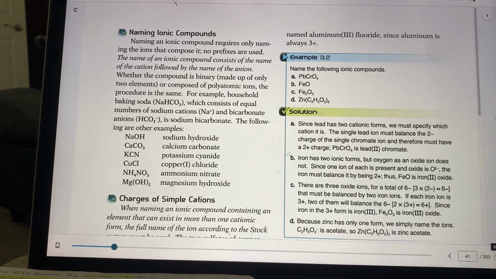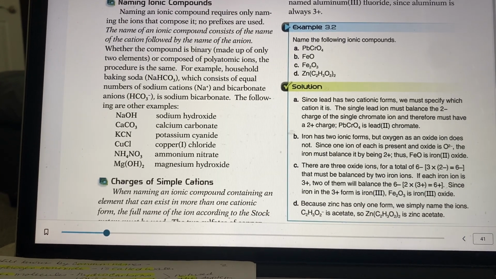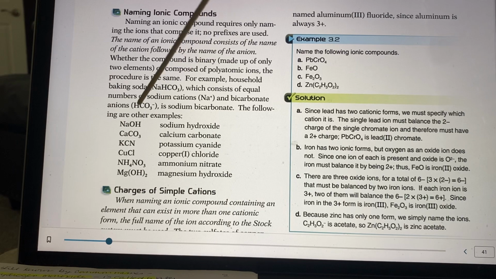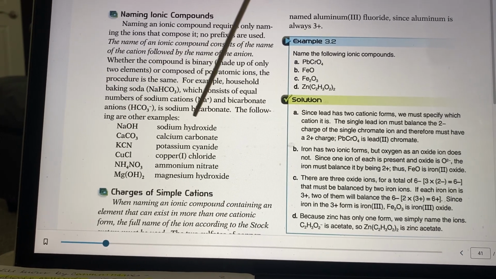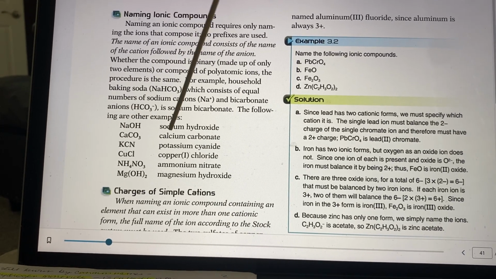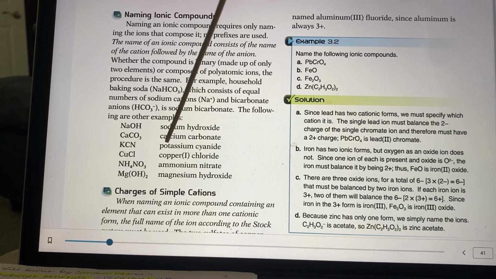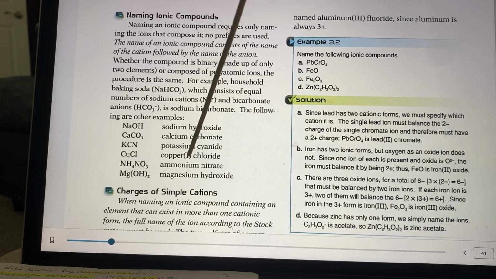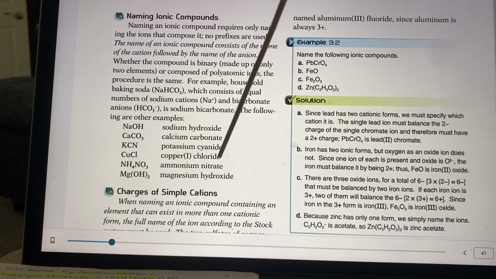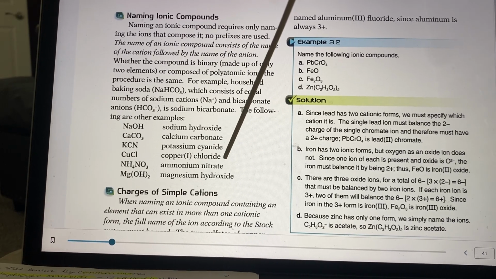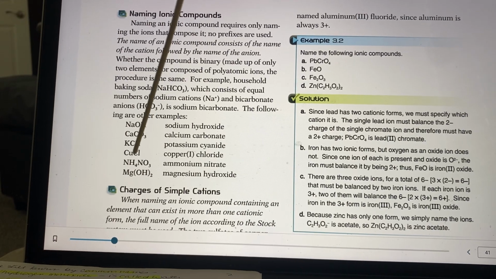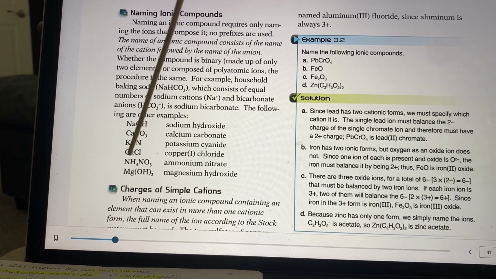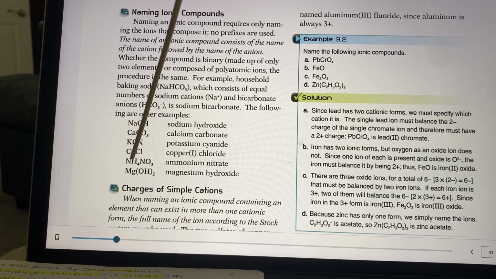The following are other examples. It's kind of important that you look at these examples. This is sodium, Na, sodium hydroxide. Calcium carbonate. Potassium cyanide. Copper(I) means it only has 1 because chlorine only has 1, so it's copper(I) chloride. This is ammonium, the polyatomic ion ammonium. Nitrate. So these are 2.